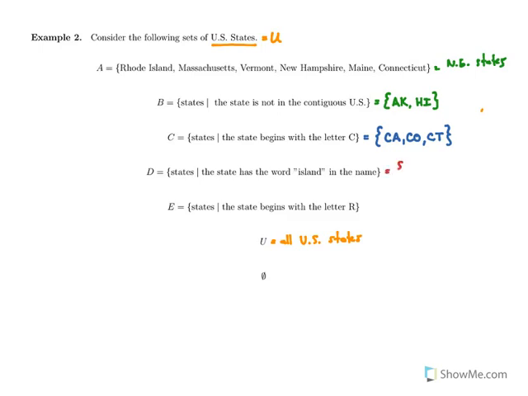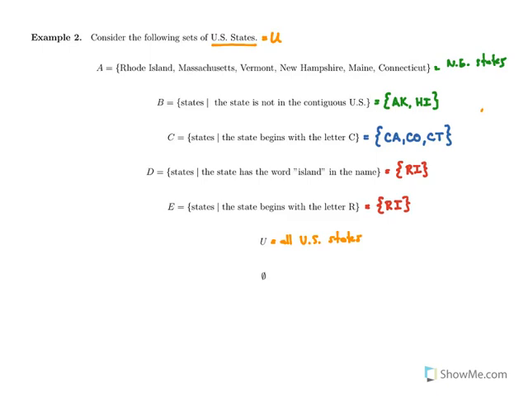Well, there is only one state that we have that, and that is Rhode Island itself. And finally, states such that the state begins with the letter R. Again, there is only one state with that property, and that is Rhode Island.